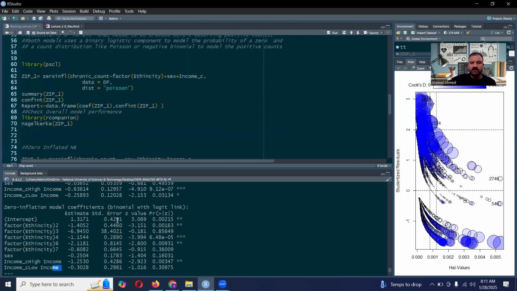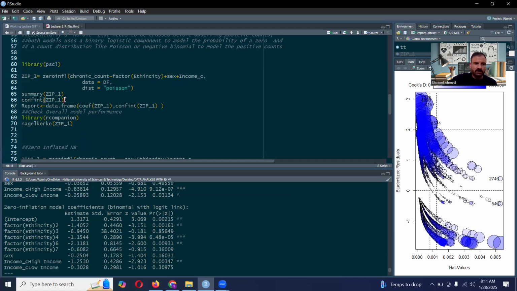So this is the difference. While interpreting the result, we should keep these differences in mind. What is a structural zero? What is a sampling zero? And what is a hurdle model? And what is a zero inflated model?